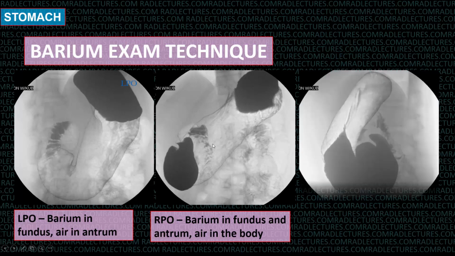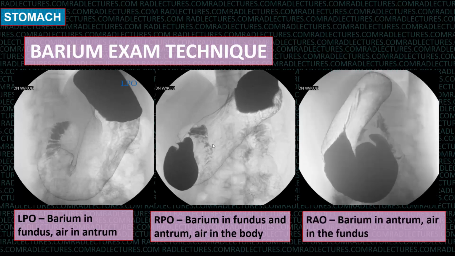And then you turn the patient more so that they are lying on their front with their left side up, so that they are in the RAO position. The anterior right side is in contact with the air. And there is barium in the antrum and air in the fundus of the stomach.